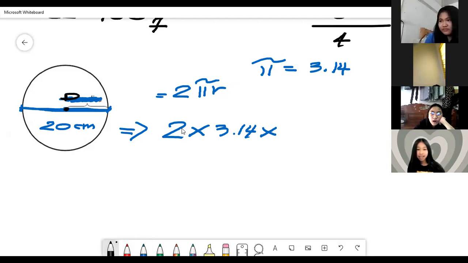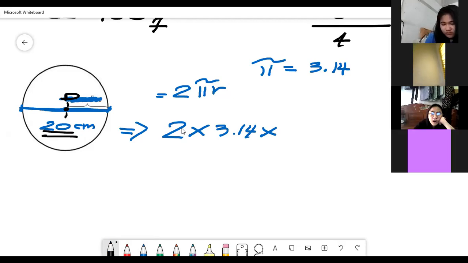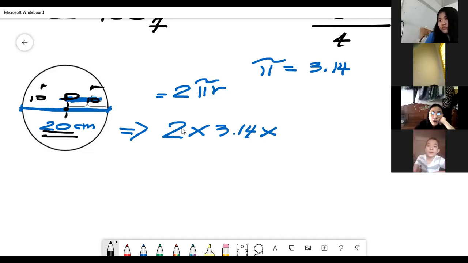That's why I am asking you, you need to wake up. This is 10, this is 10. R, capital R. We have 2 radius here. This one is the diameter, but this is R.